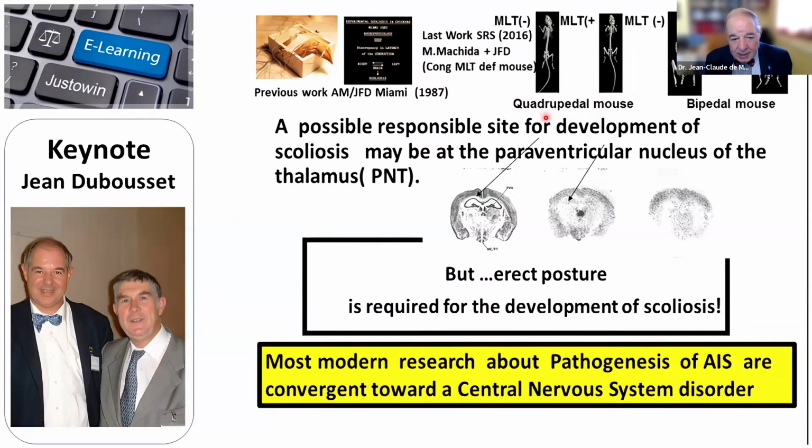And quadrupedal mouse don't have scoliosis, with the same privation of melatonin. And you see, if the mouse is bipedal, you have the development of scoliosis. So the erect posture.